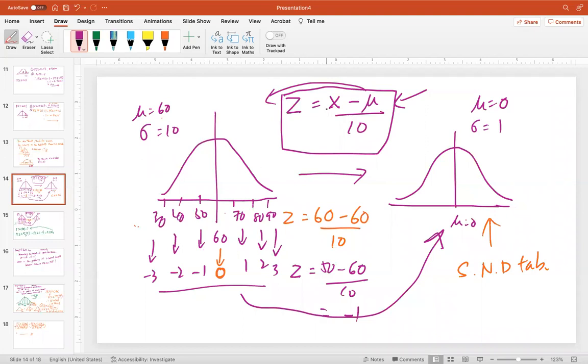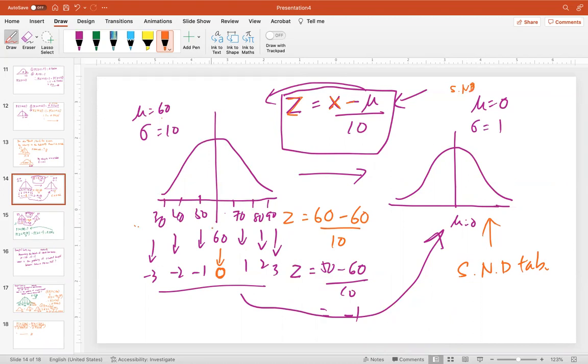It's actually very simple. It refers to the Z-score equation here, which is Z equals X minus mean over standard deviation. If you have your normal distribution, you want to convert it to standard normal distribution.